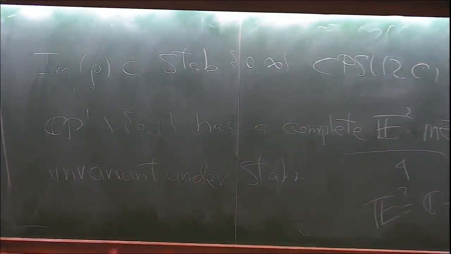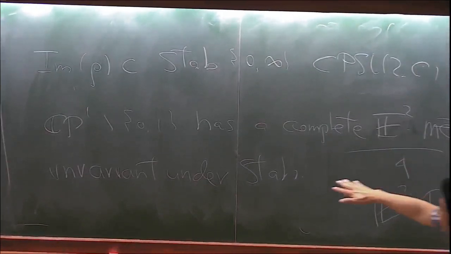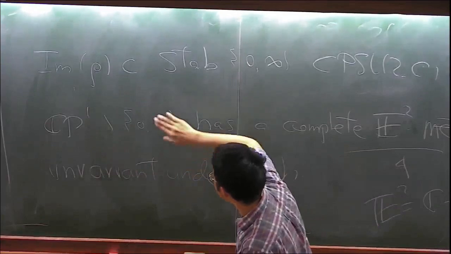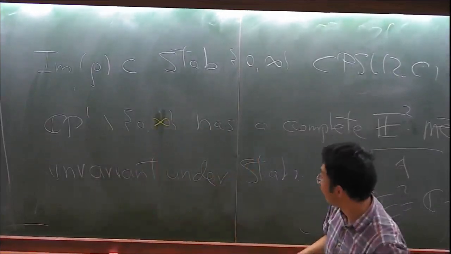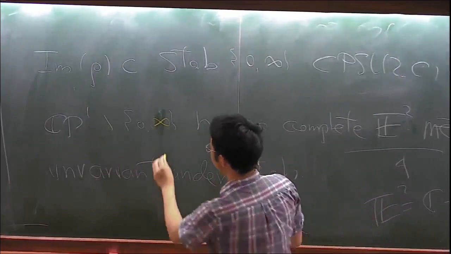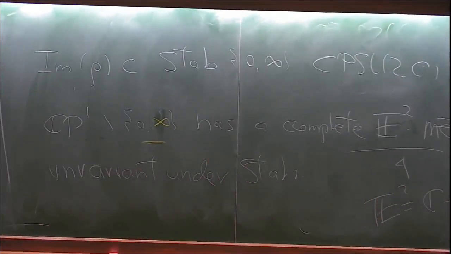Any question? There's a natural structure on that CP1. To be precise, I'm using the fact that the developing map has a path lifting property away from the limit set of the group.